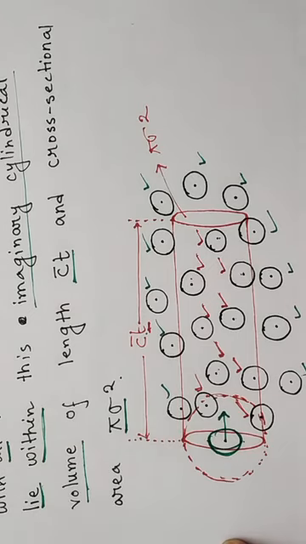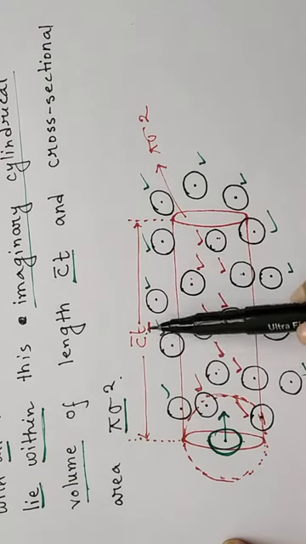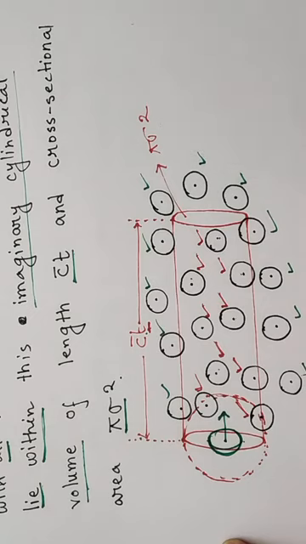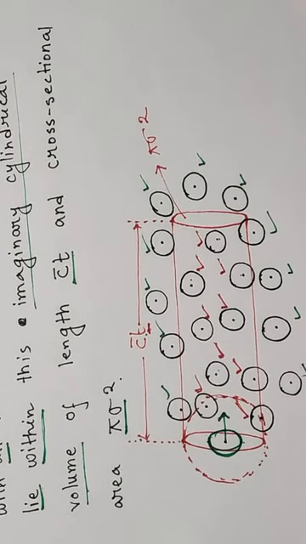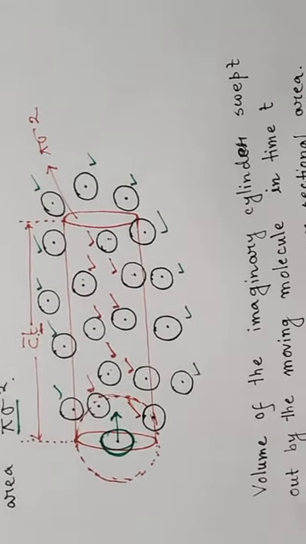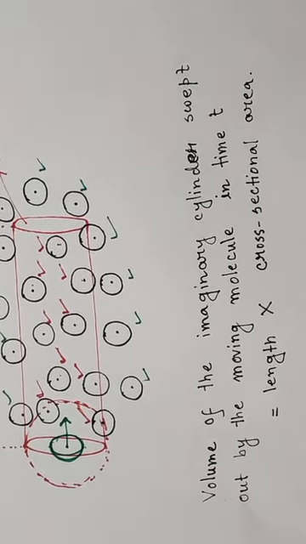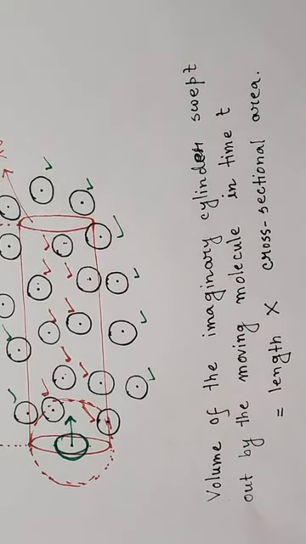But in general, what will be the number of collisions made by a moving molecule in time t? That number will be equal to the number of molecules contained within a cylindrical volume of length c bar t and cross-sectional area pi sigma square. To calculate the number, first we find the volume of this imaginary cylinder.